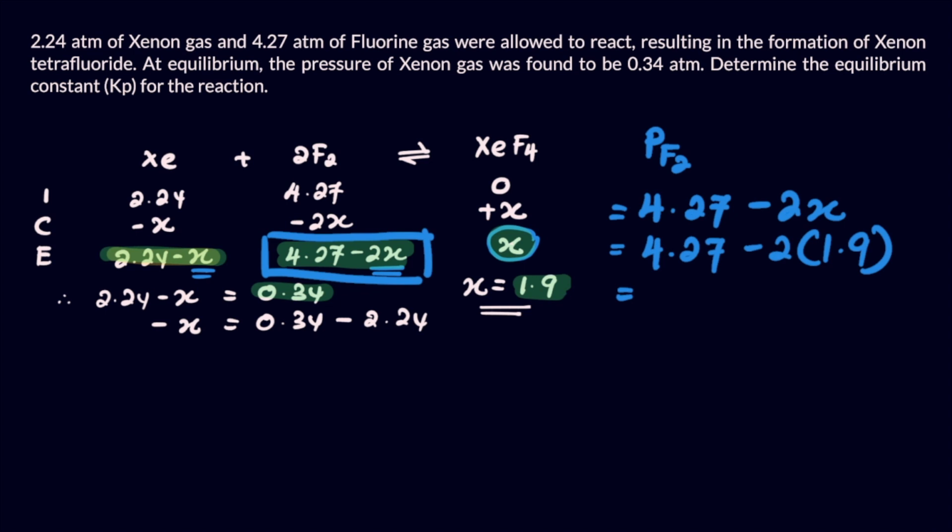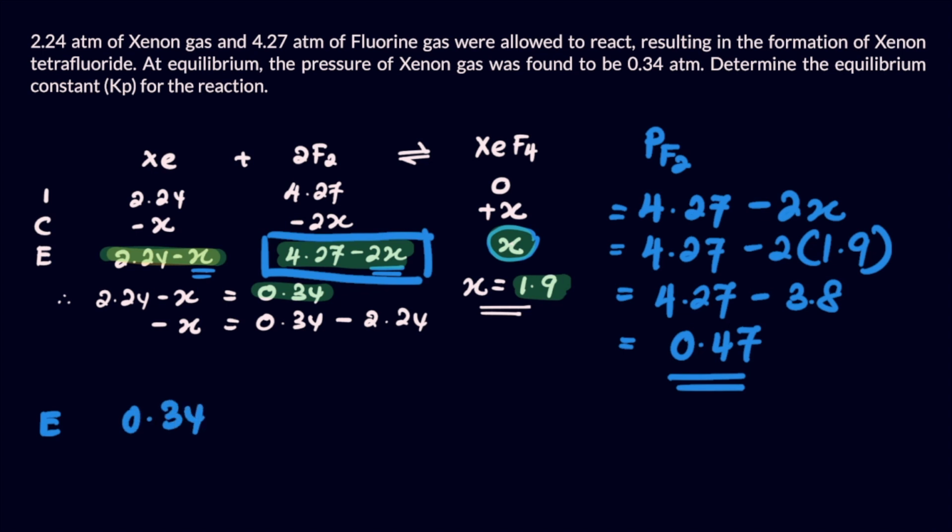So you will get the partial pressure for your fluorine gas is equivalent to 0.47. So when we plot again at equilibrium, it should be 0.34, 0.47, and 1.9. This one is for xenon, this one is for fluorine gas, and this one is for xenon tetrafluoride.